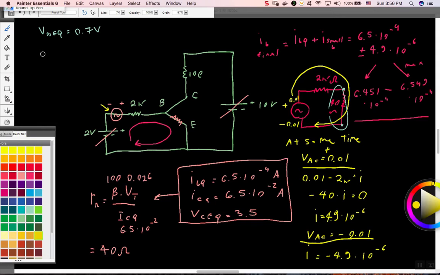Well, when the small signal current is 6.549 10 to the minus 4 times 40, that will be the VBE small, the maximum of the VBE small. So let's see what it comes down to.